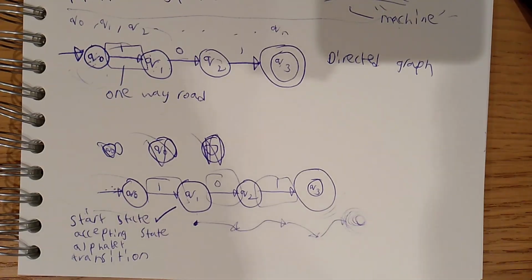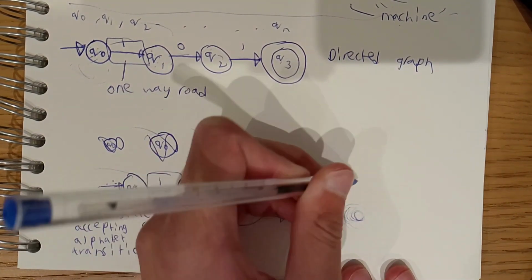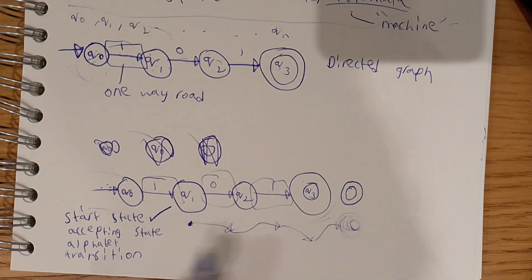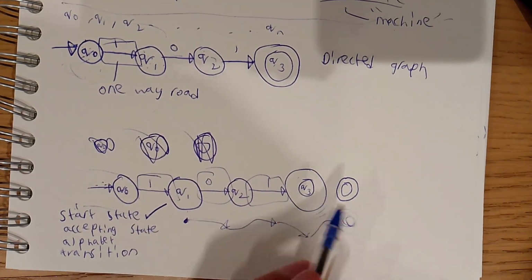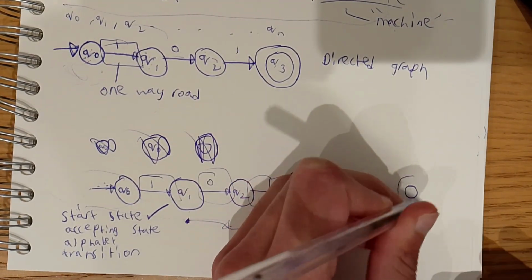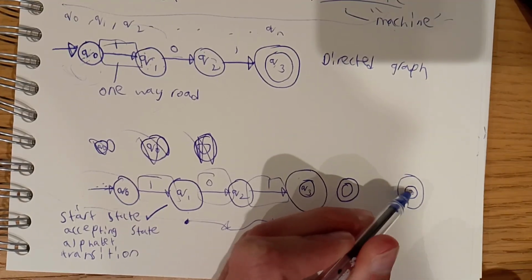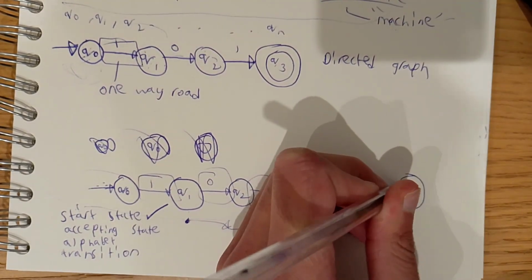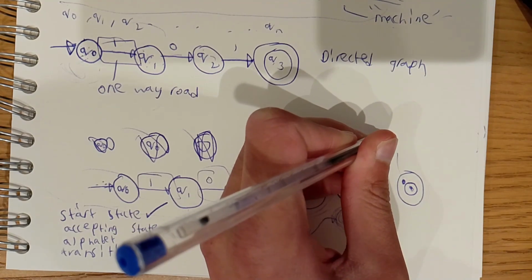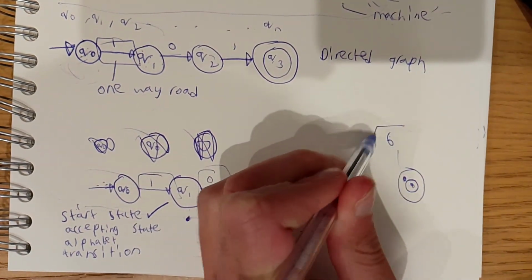The accepting state is the state where there's two circles around it. So this is the accepting state. You can think of this as a target, a bullseye. If you shoot a dart here, you get a score. Say this is 6, you get a score of 6, and then this is recorded.